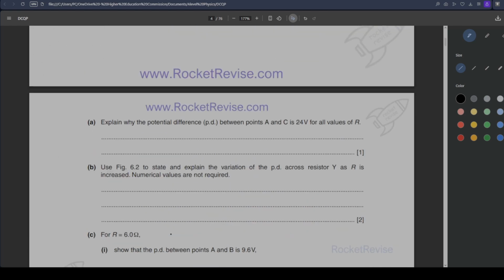तो हमने यहाँ पे mention करना है because our battery has no internal resistance.